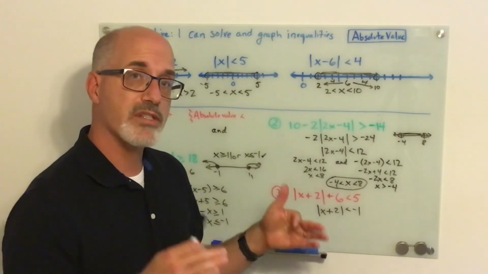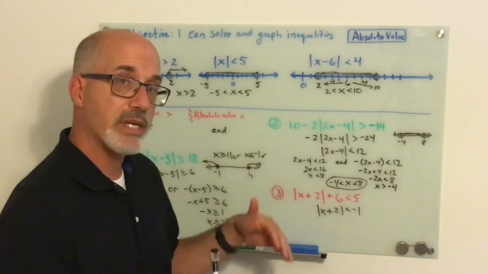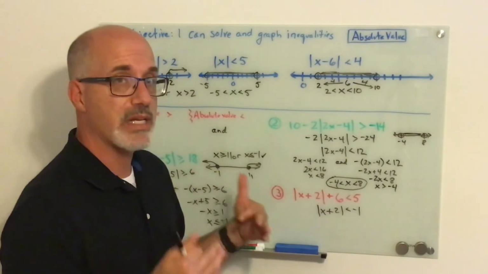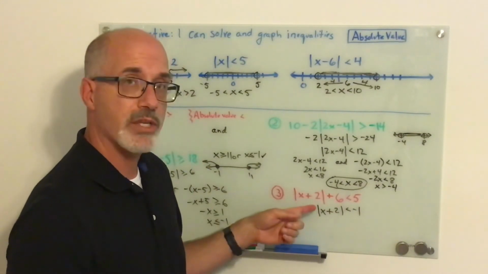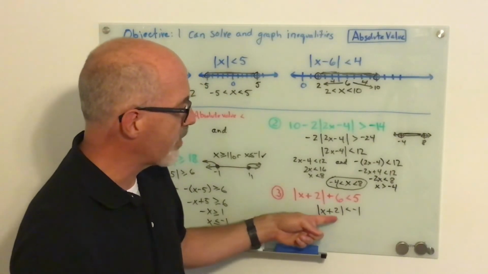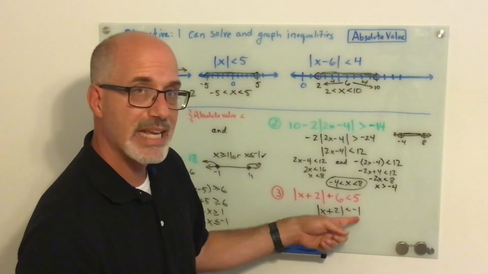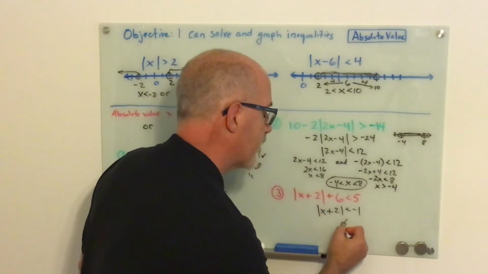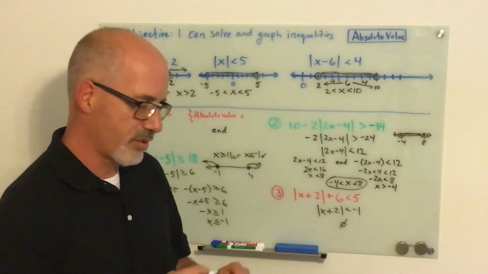If you were to solve it and check the regions of your solution after doing the two cases, they would not work in the original. So be wary of this. If you ever get absolute value less than a negative, the answer is the empty set or an empty graph.